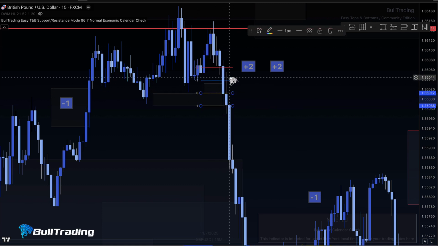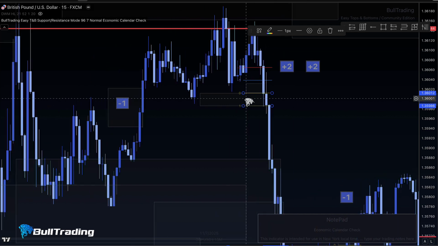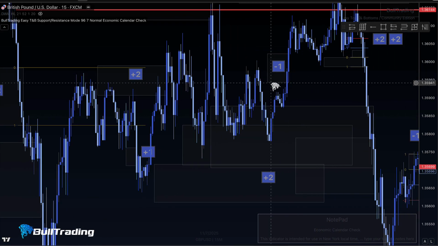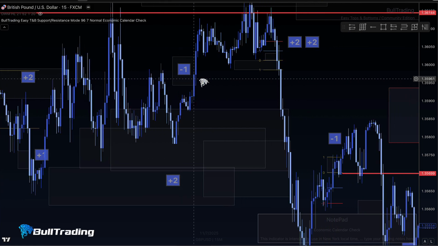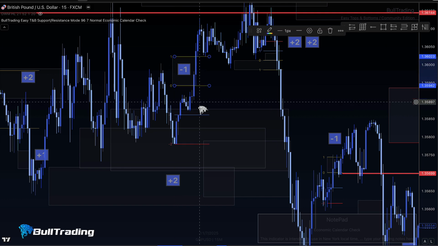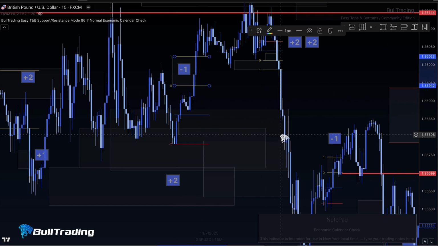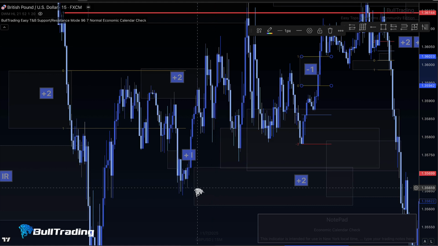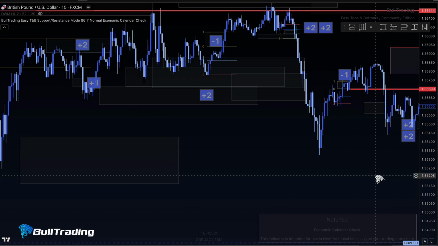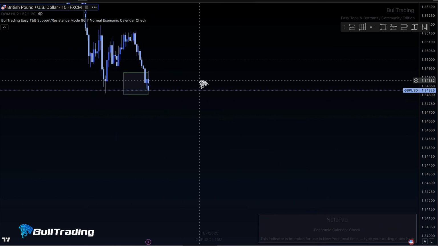Enter here, short here, bang, +2. This is crazy. Here you have another -1, another one that lost. Why did you lose? Price breaks up. I'm going to buy here. I lost. And so far, you can see here, this is 17% in 1 week.